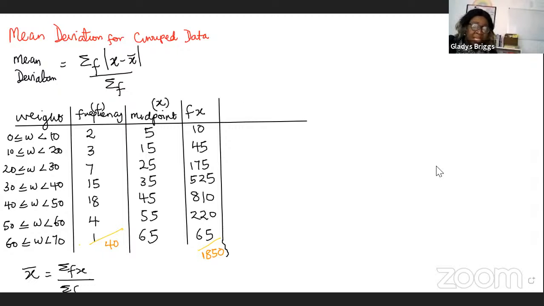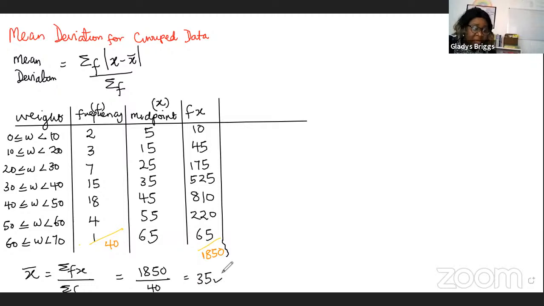Correct, thank you. Now, sigma F times X divided by sigma F would be equal to 1,850, the total, divided by the total of F, 40, and that is equal to 35.